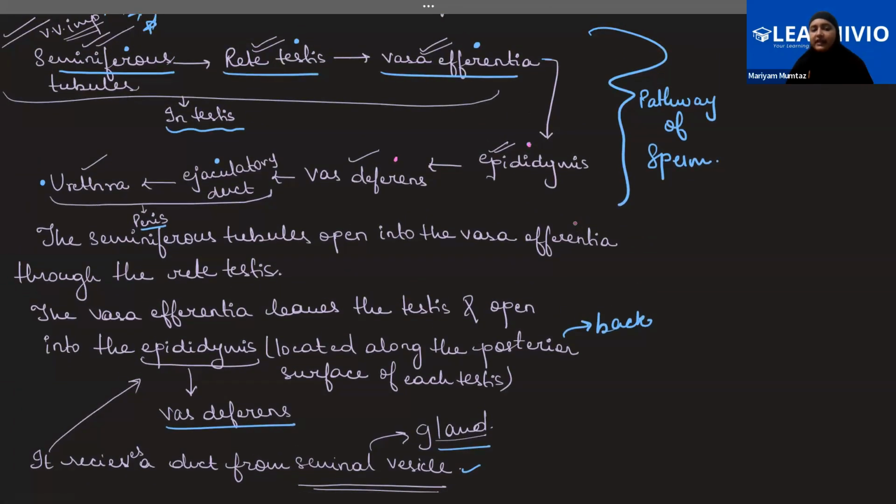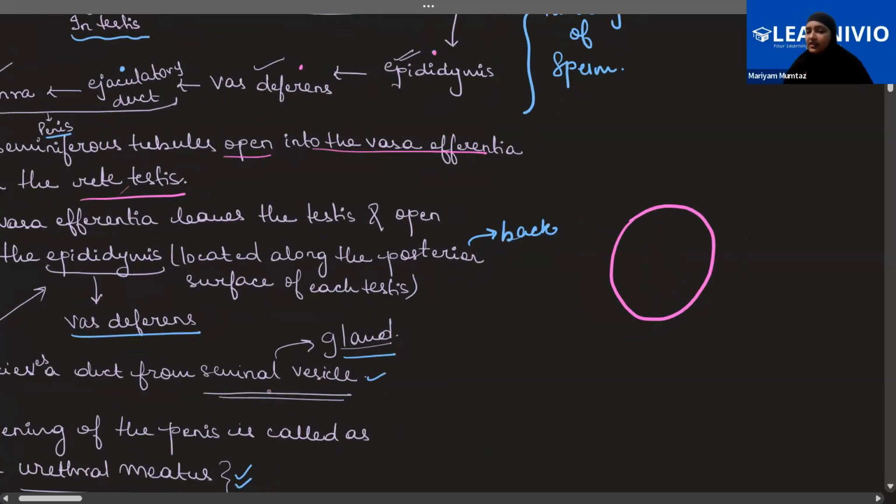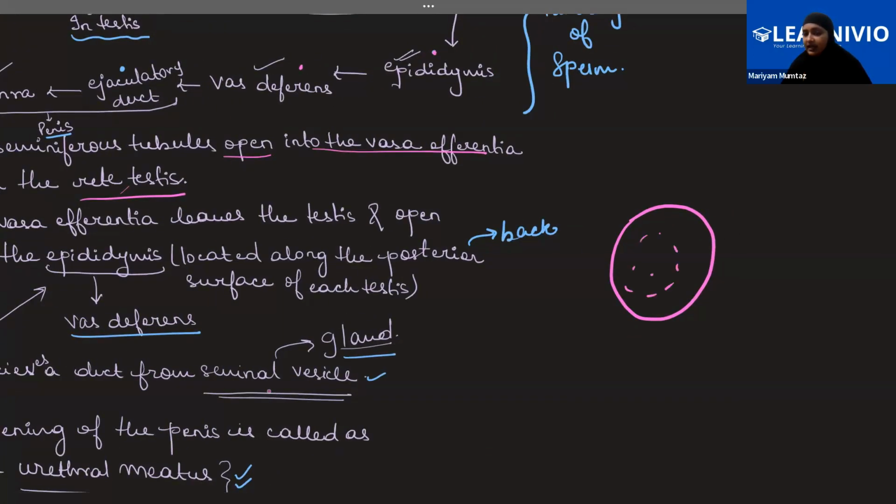Talking about the whole pathway yet again, the seminiferous tubules open into the vas efferentia through the rete testis. The vas efferentia leaves the testes and opens into the epididymis, which is located along the posterior surface of the testes. For example, if this is the diagram of the testes, we are talking about the seminiferous tubule, present inside.